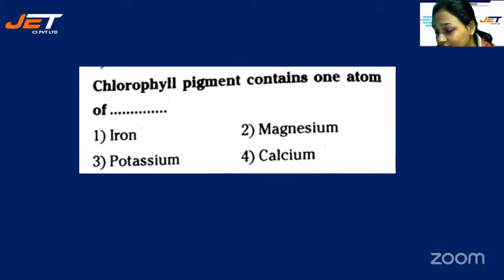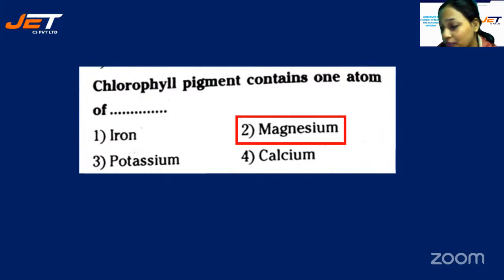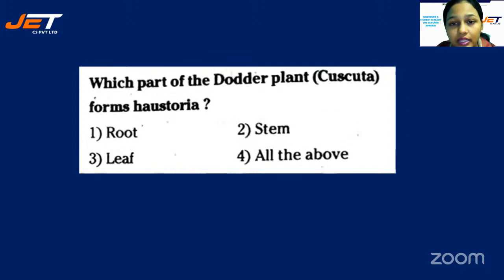Alright, students. The correct answer is number 2, magnesium. So those who have opted magnesium, they all are right. Very well, students. I am seeing many of you are answering very correctly. Excellent, students. Keep answering like this.